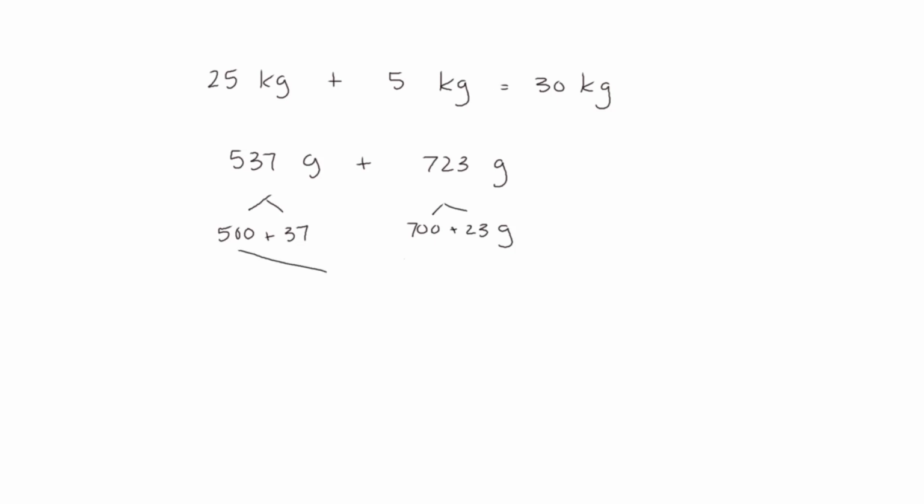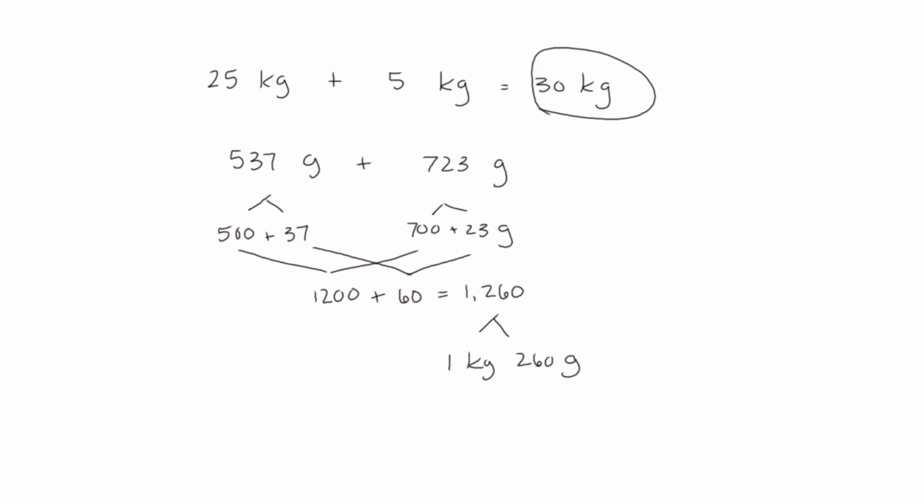We could add together this 500 plus the 700 to get 1,200, and we could add the 37 and the 23 to get 60. And when we add these together, we get 1,260 grams, which decomposes into 1 kilogram, 260 grams. And then if we add back in the 30 kilograms that we added together in the beginning, we end up with 31 kilograms, 260 grams. That would be a simplification strategy.